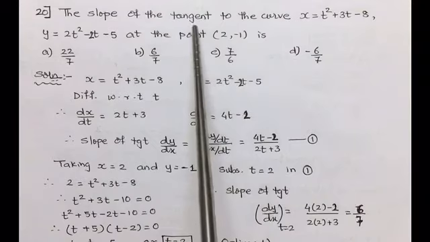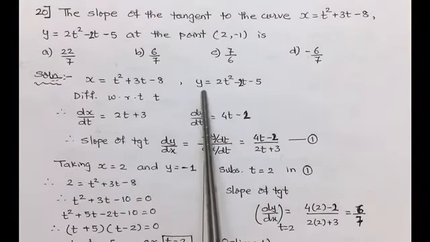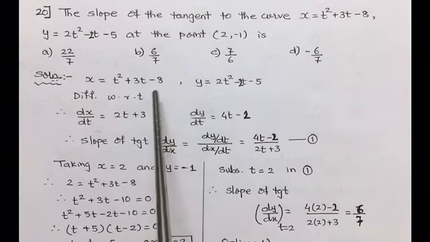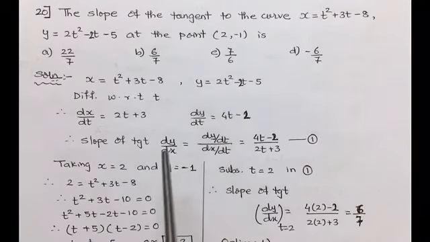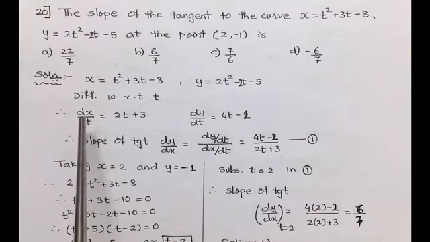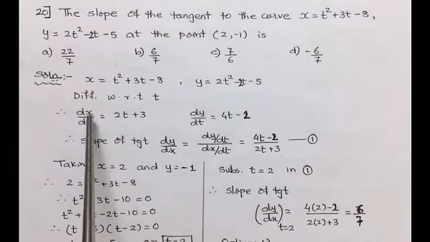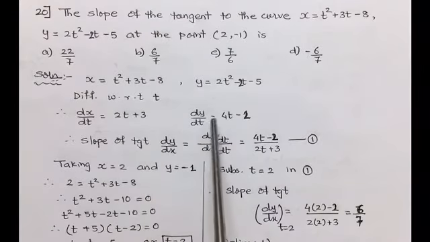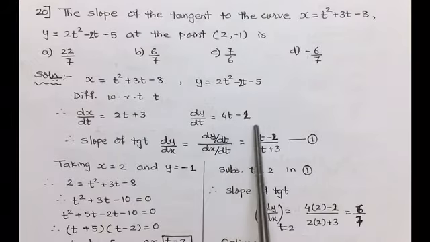Now to calculate slope of tangent, we need dy by dx, but x and y are given in the form of t, that is the parametric equations are being given. So differentiating both with respect to t, we get dx by dt is equal to 2t plus 3 and dy by dt is equal to 4t minus 2.